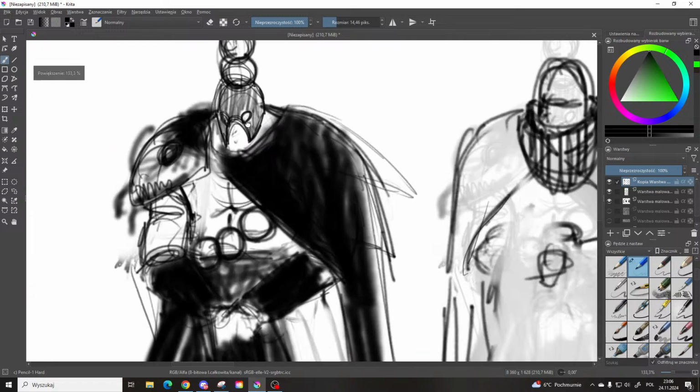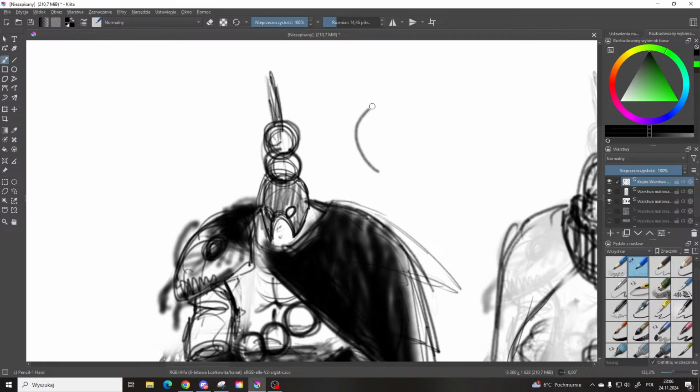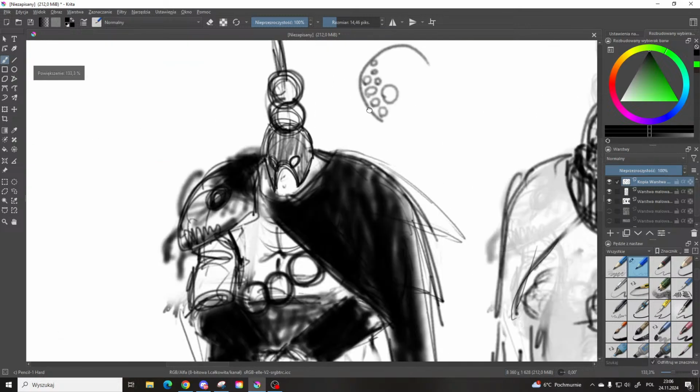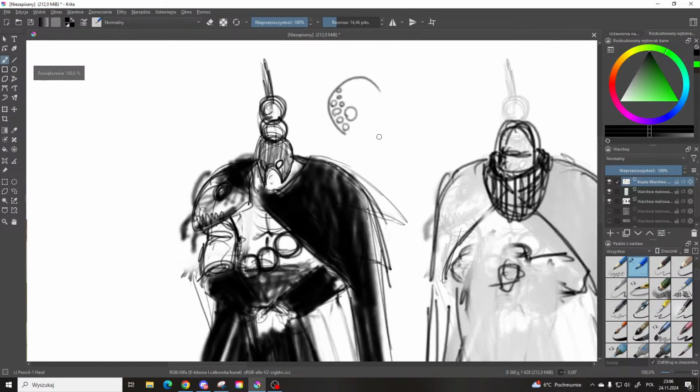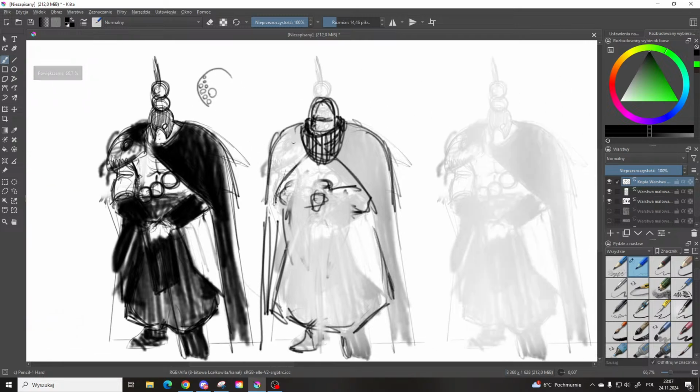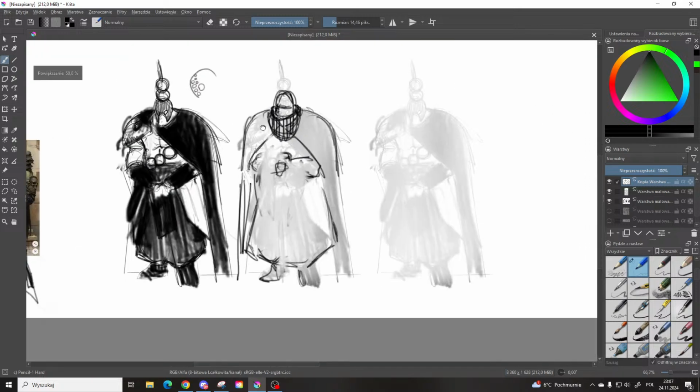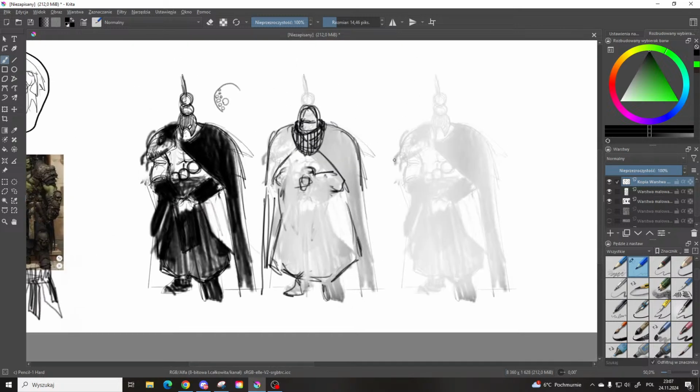Then I go for, on this helmet I could actually do next to his eyes a few smaller, I don't know, circles, like dots. Maybe holes, maybe some painted fingerprints, whatever. But yeah, this is the next stage once I have established the big shapes of everything.